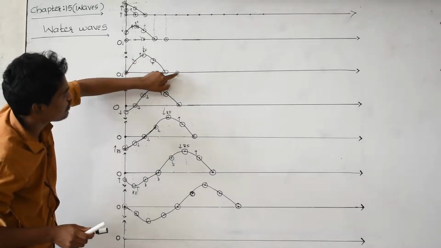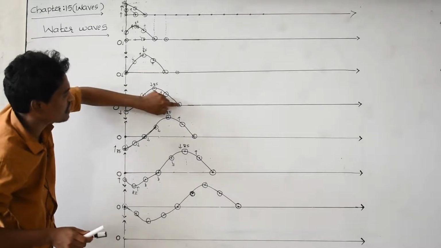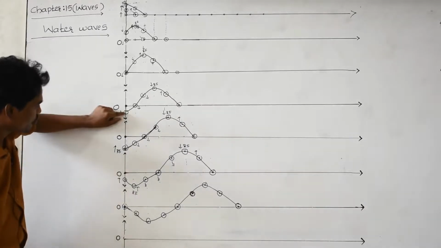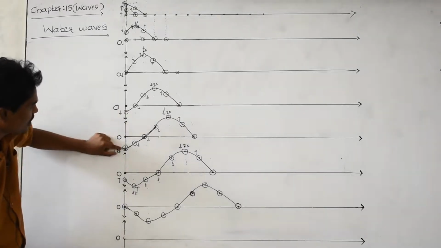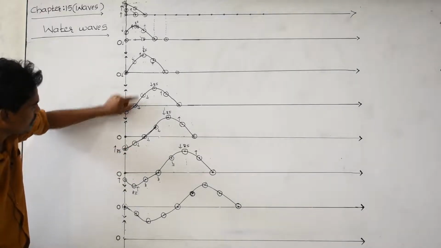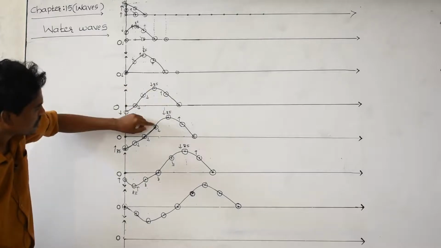And this particle is still at rest because its disturbance has not reached, that's why it is at rest. This is the nature. It is moving from here to here, and it is coming to the rest point.